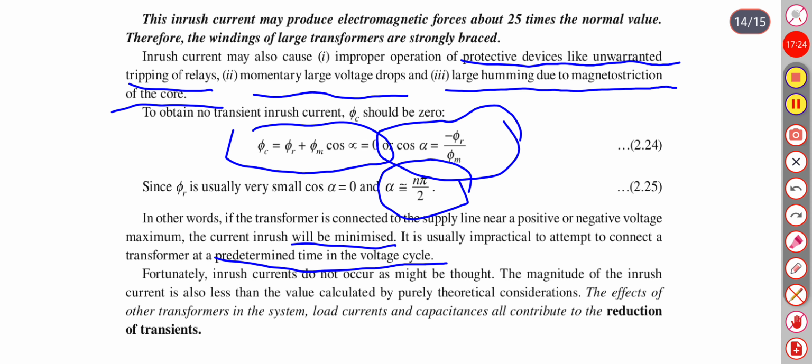Fortunately, inrush currents do not occur as might be thought. The magnitude of the inrush current is also less than the value calculated by purely theoretical consideration. The effects of other transformers in the system, load current and capacitances all contribute to the reduction of transients.